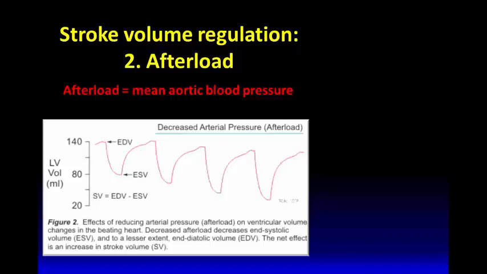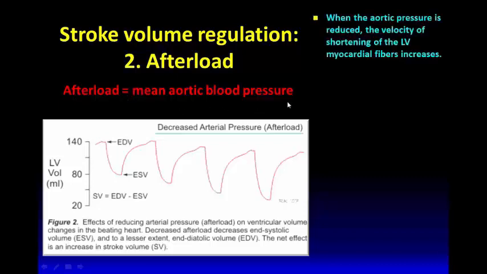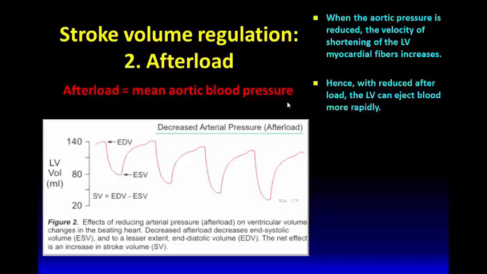And we have all agreed that left ventricular afterload is the mean aortic pressure. So when the aortic pressure is reduced, when the left ventricular afterload is decreased, the velocity of shortening of the left ventricular myocardial fibers during systole increases.